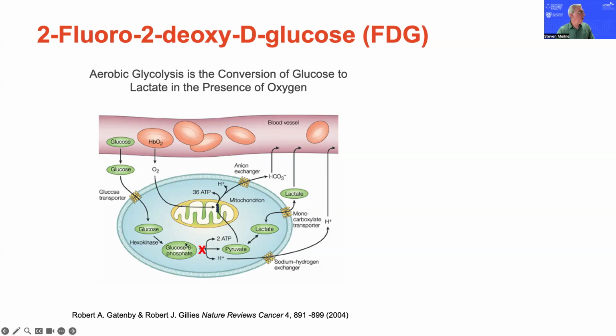Whereas glucose gets phosphorylated and then goes into this pathway and forms pyruvate and eventually lactate, and it generates ATP in the process. FDG doesn't make it that far. It stops at this step here, the phosphorylation step.